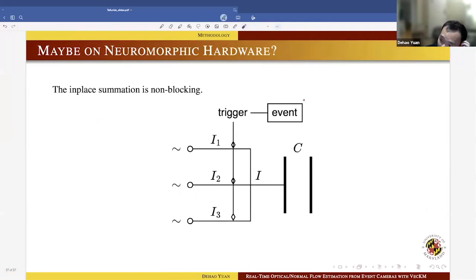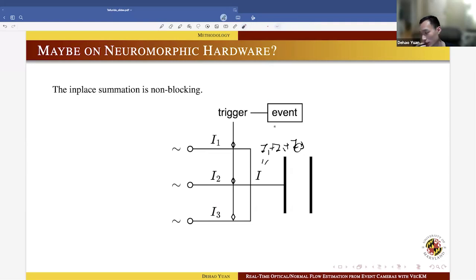But on neuromorphic hardware, things may be different because the in-place summation is no longer blocking. For example, if you want to sum up I1, I2, and I3, where I means current, you only need to design a circuit like this, and you automatically get the summation, I equals I1 plus I2 plus I3. There's no blocking required here.